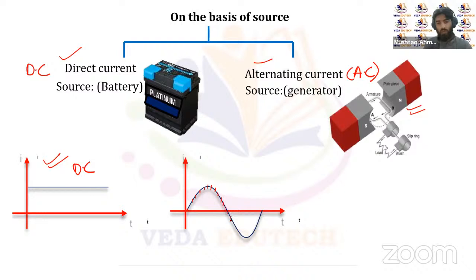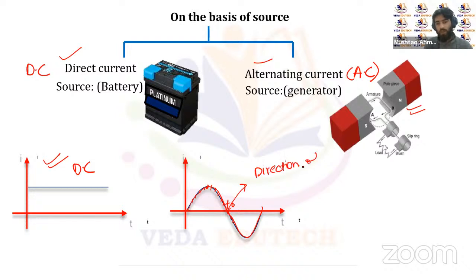The current increases, becomes maximum after some time, then starts to decrease and becomes zero at some point. Let me call this time t naught. At time t naught this current becomes zero, and now it starts to increase again, but in the negative direction. So it means that here the direction of current reverses.